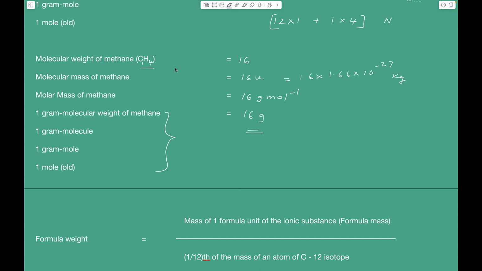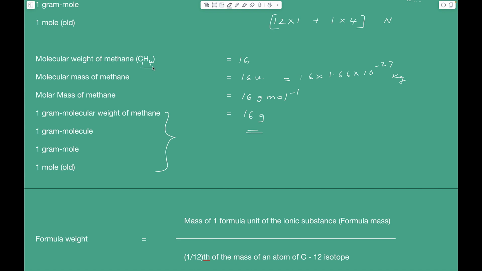Now, in case of covalent compounds like methane, carbon dioxide, sulfur trioxide, fructose, and so on, the formula that we use to represent the compound also represents 1 molecule of that compound. So the formula of methane is CH4. What do we understand from this formula?